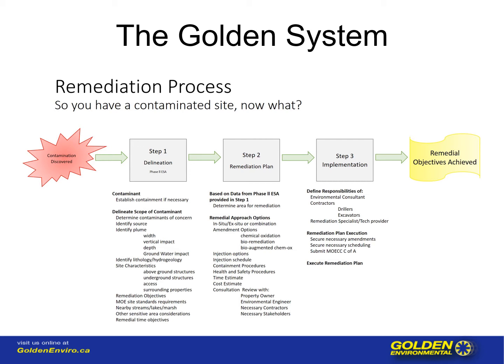We secure the necessary amendments, the necessary scheduling for the drilling, installation of the wells, and then we submit our mobile C of A to the Ministry of Environment and Climate Change. After all this is done, the environmental consultant will come back after the remediation plan has been completed and test the soil.